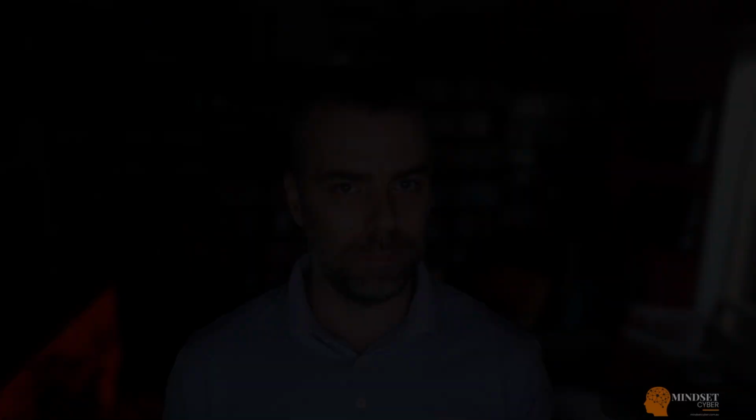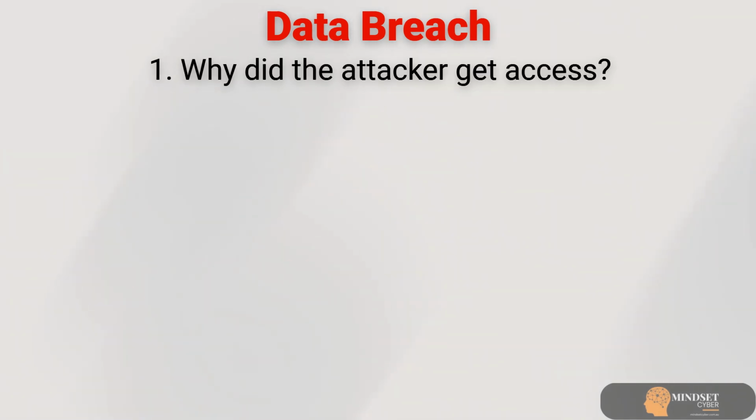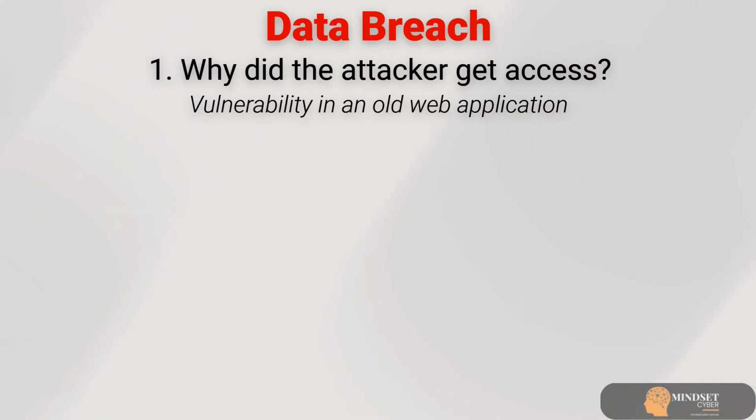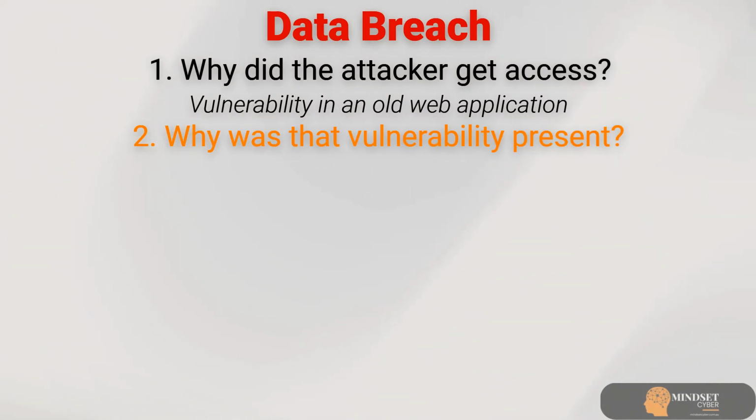Now let's walk through another fictional 5 whys so you can see how it plays out step by step. Let's say your company experiences a data breach. Sensitive data was accessed by an attacker. The first why. Why did the attacker get access? Because they exploited a vulnerability in an old web application. Why was that vulnerability present?